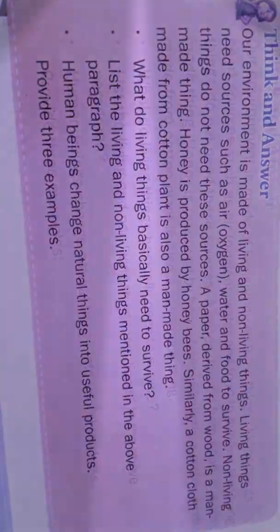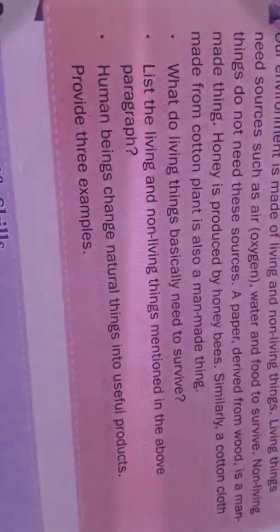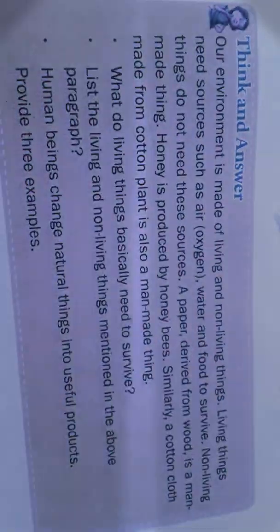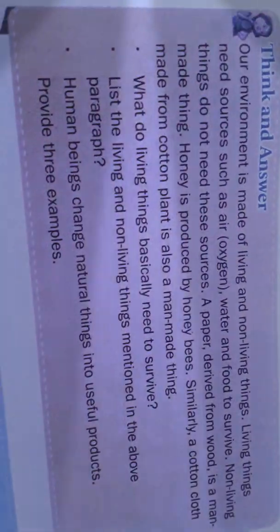What are the living things and what are the non-living things? You have to write this answer. Third one, human beings change natural things into useful products. Provide 3 examples. Here, a paper derived from wood, and similarly a cotton cloth also made from cotton plant.